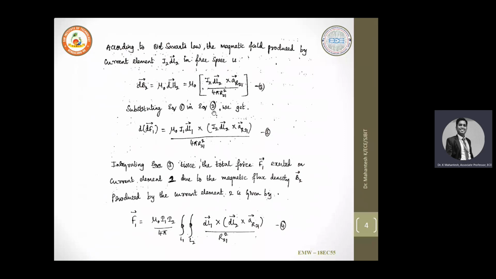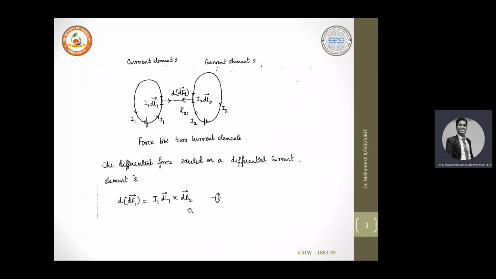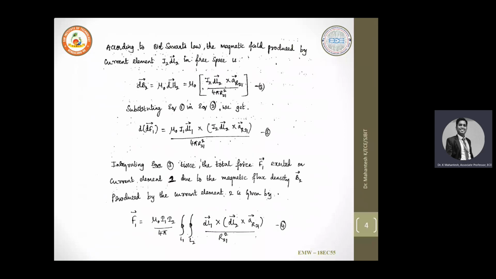Substituting equation 2 in equation 1, for dB2 we substitute this value, and we get d(df1) = mu naught I1 dl1 cross (I2 dl2 cross a_R21) divided by 4 pi R21 square.